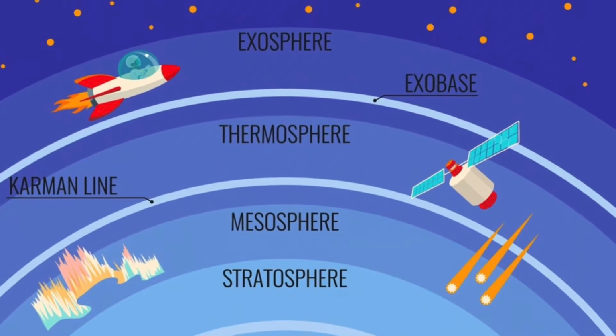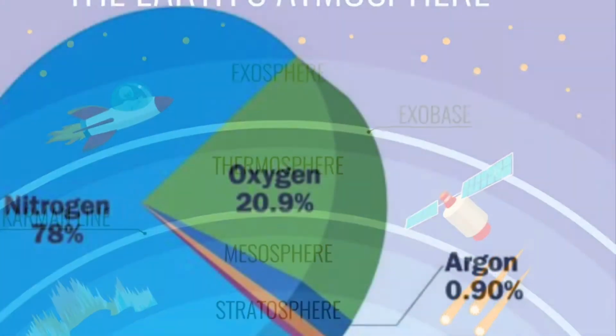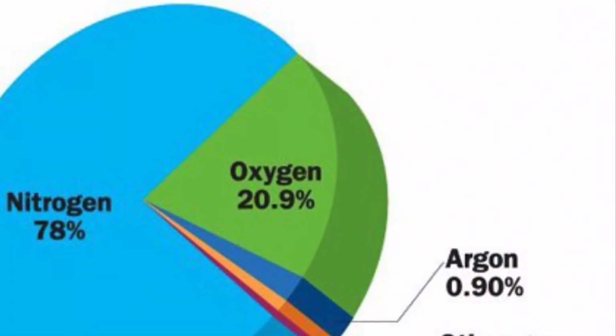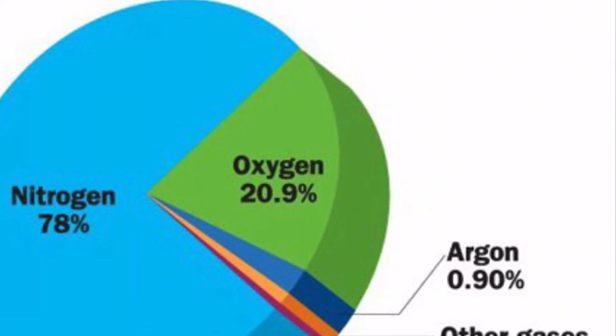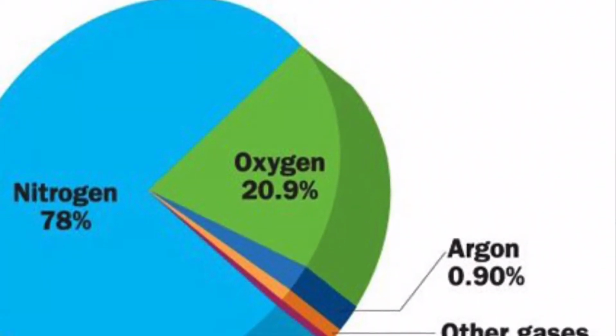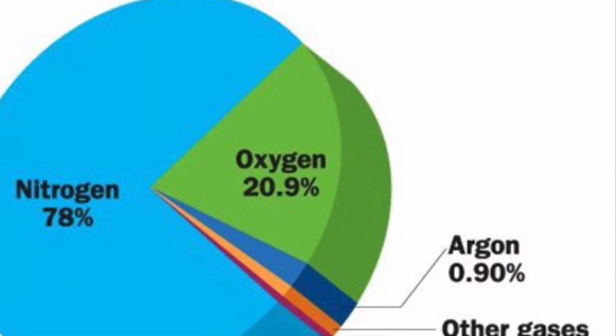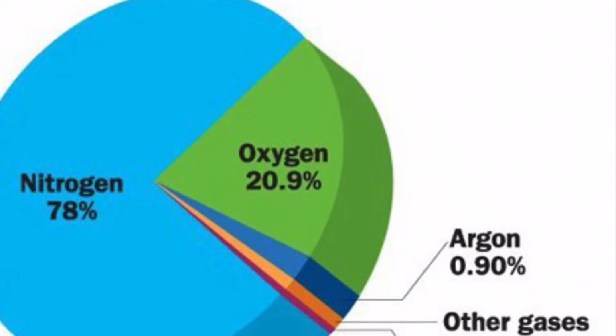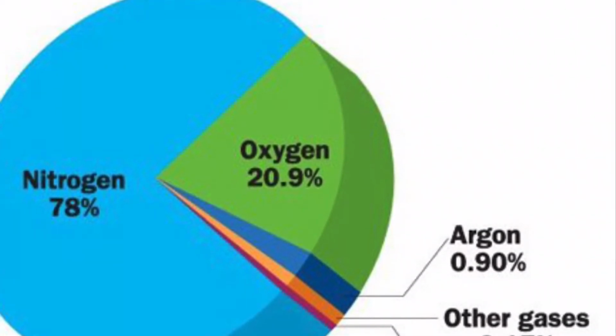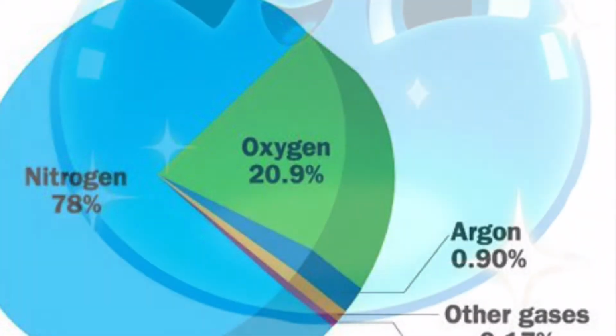Clear gas means it's transparent. We can't see air. Air is a mixture of about 78% nitrogen, 21% oxygen, 0.9% argon, 0.04% carbon dioxide, and very small amounts of other gases, including dust.